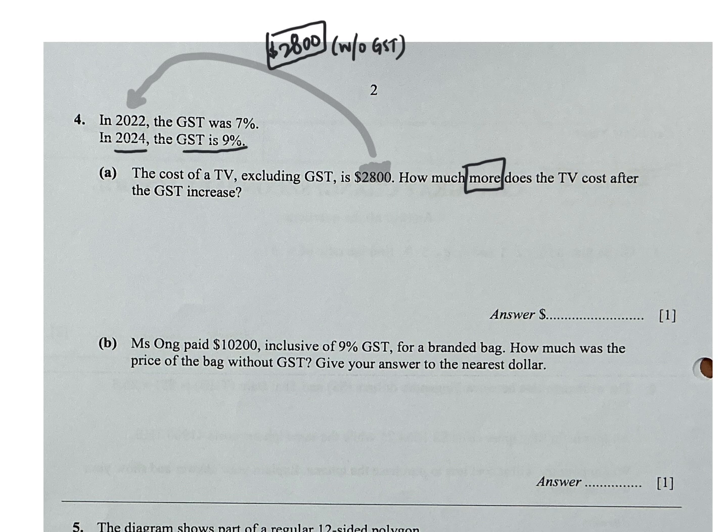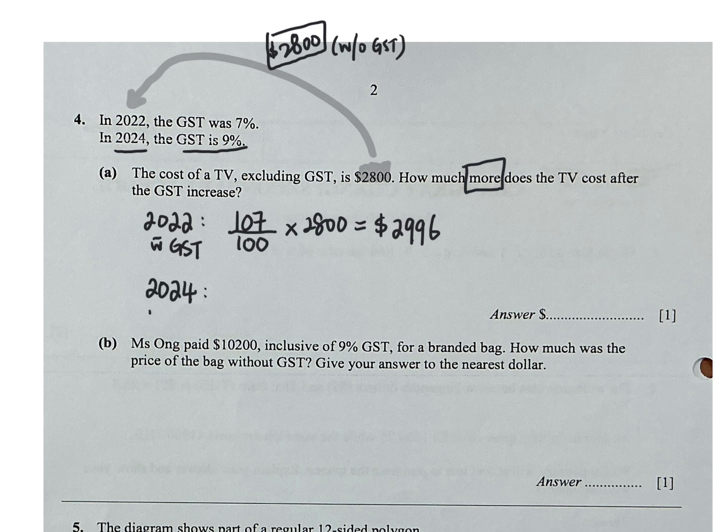So with the GST increase, what happened to the price? How to calculate? Okay, maybe we do 2022 with GST. How much does it cost? 107%. 107% times 2,800 first. So at the start in 2022, this is the amount you get, right? But after they increase the GST in 2024, the GST becomes 9%, right?